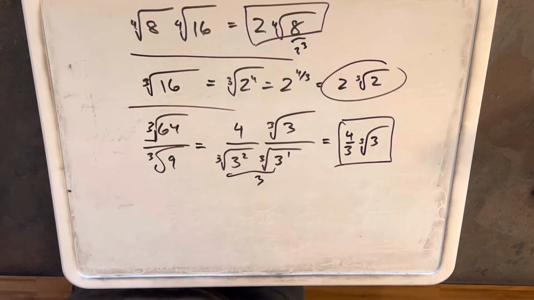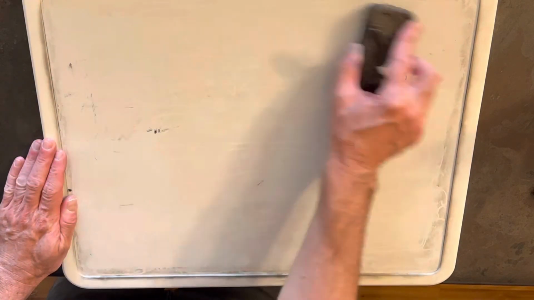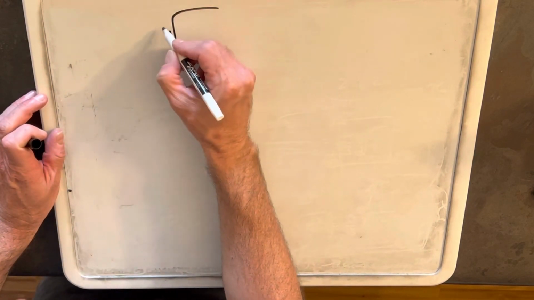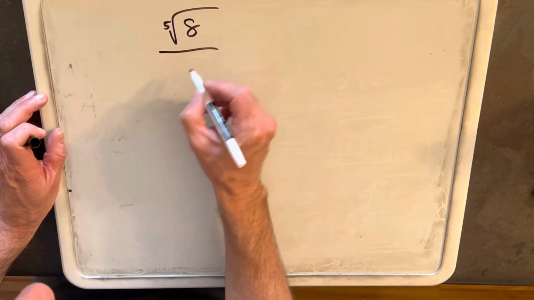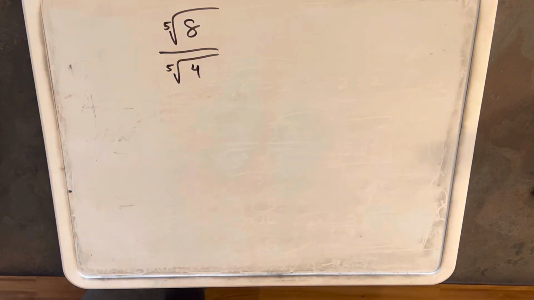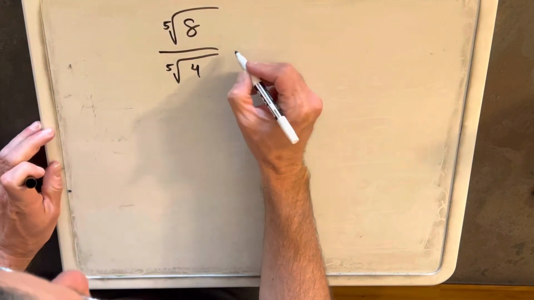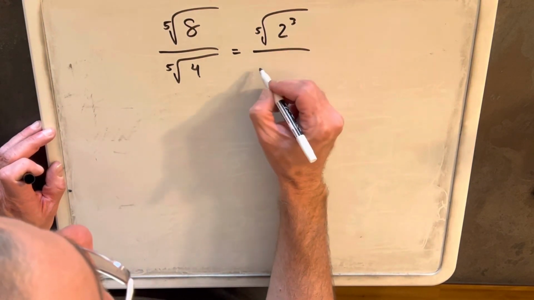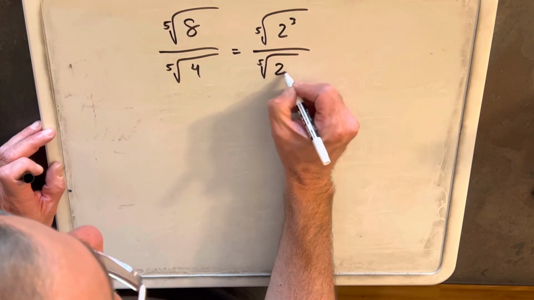Okay, we're at 25. This is the last one if I get it right. We got the 5th root of 8 over the 5th root of 4. So we can rewrite this a little bit. We got the 5th root of 2 cubed and the 5th root of 2 squared.